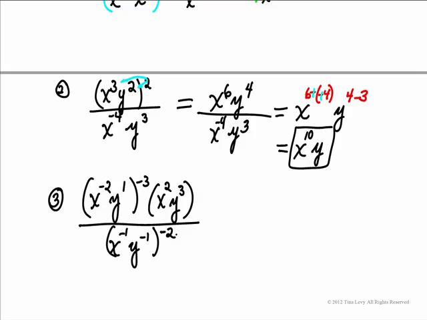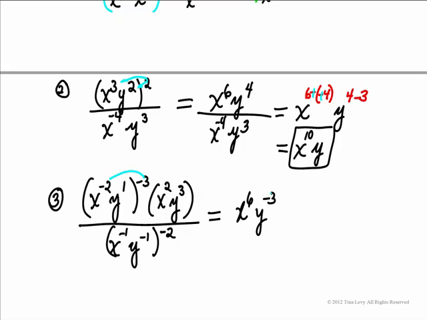Okay, to do this problem, first we're going to do the exponent here, which involves when you have a parentheses with an exponent, we're going to multiply those exponents. So this becomes x to the negative 3 times negative 2, which is x to the 6, and y to the negative 3 times 1, which is negative 3.